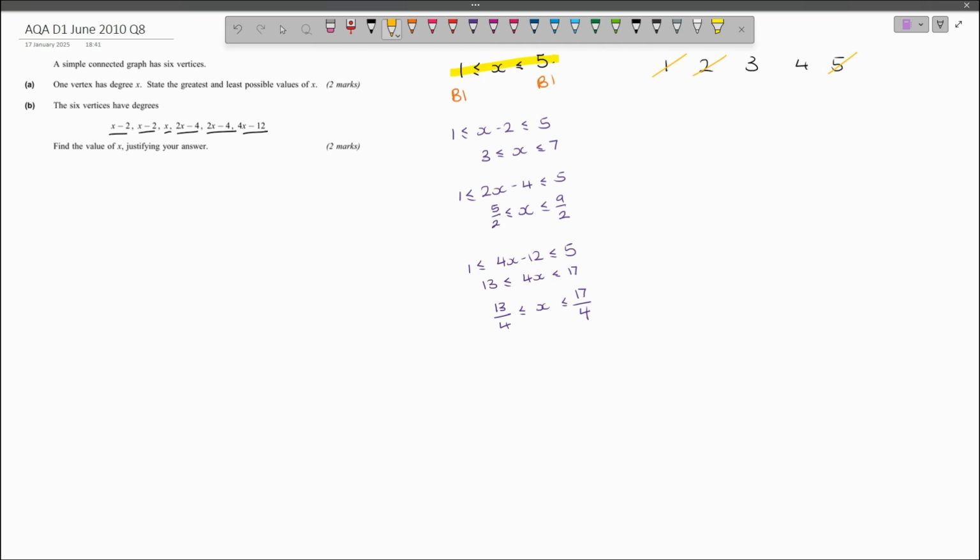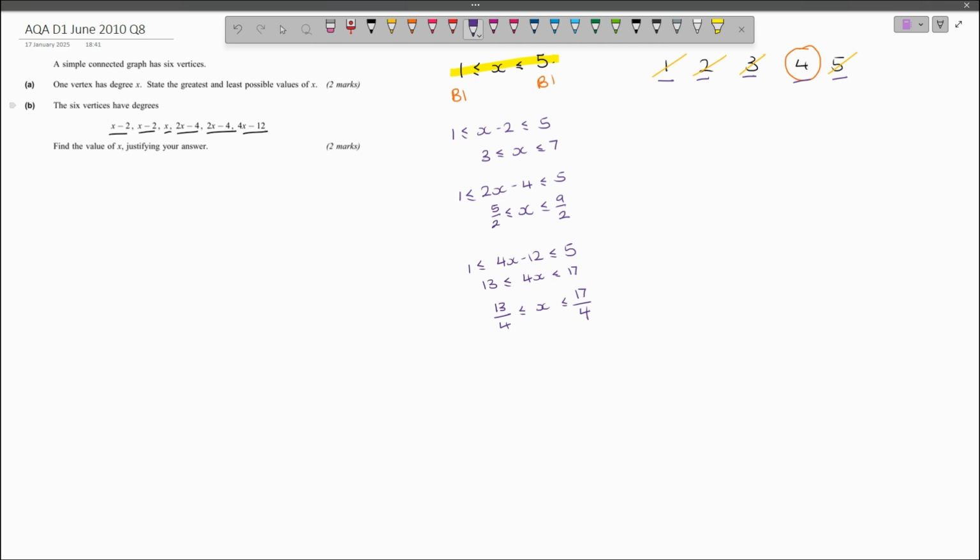And finally, 13 over 4 is 3 and a quarter, so we can't have 3. 17 over 4 is 4 and a quarter, so we can have 4. And that leaves only the answer 4. Alternatively, you could have inputted 1, 2, 3, 4, and 5 into each of these degrees and seen whether they give you a correct solution.